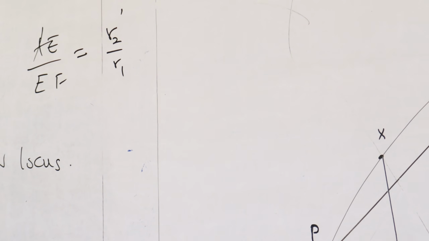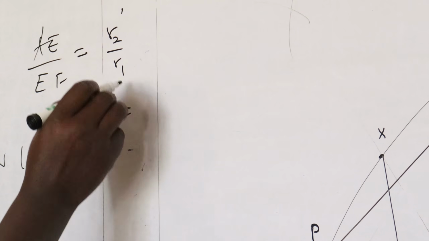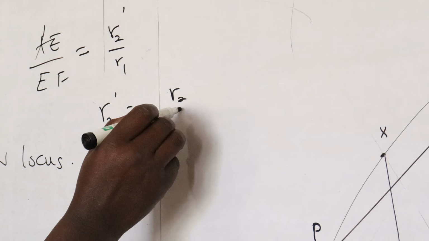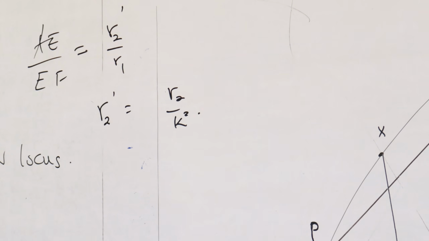Where's the K? Because K will lead us to R2 prime, which is R2 over K squared.